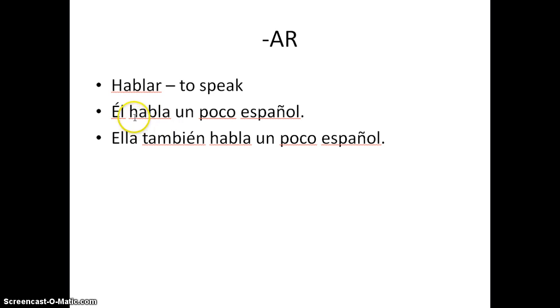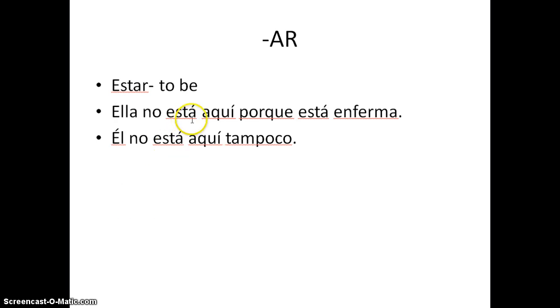H's are silent in Spanish. Habla, habla. Now with estar in this form, normally because it ends with a vowel, you would have to stress esta, esta. But one of the rules of stress in Spanish is always stress a word where there is a written accent mark. So since it's right on this letter, we're going to have to say está, está. Muy bien. But the spelling is the same, and that was my point.